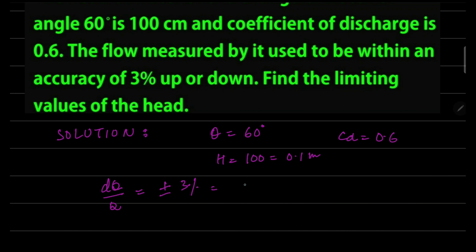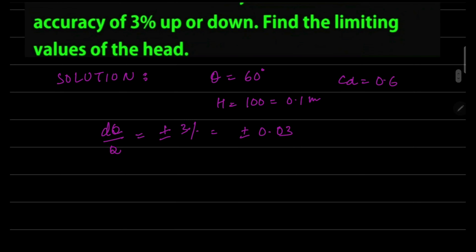So we can write it as plus minus 0.03. We are aware that for the triangular notch q is equal to 8 by 15 CD multiplied by under root 2g, tan theta by 2, h raised to the power 5 by 2.